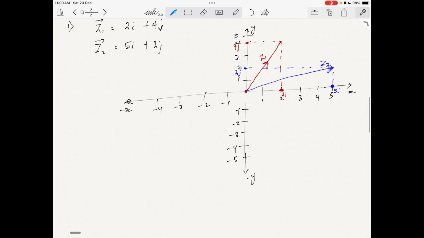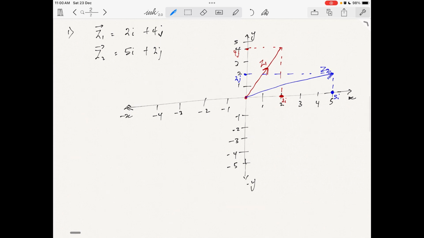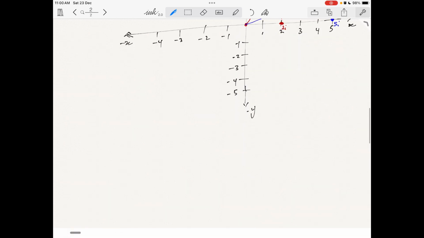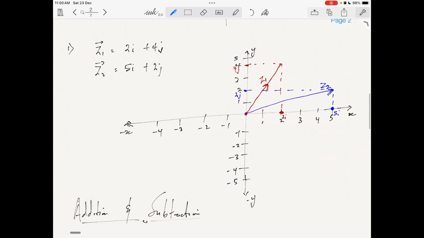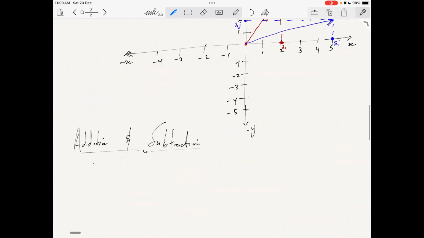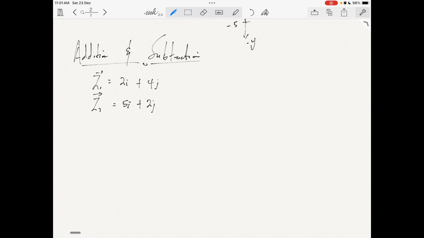It is very easy. Given Z1 equals 2I plus 4J, like we had before, and Z2 equals 5I plus 2J, we are now required to find A, Z1 plus Z2, and B, Z1 minus Z2.